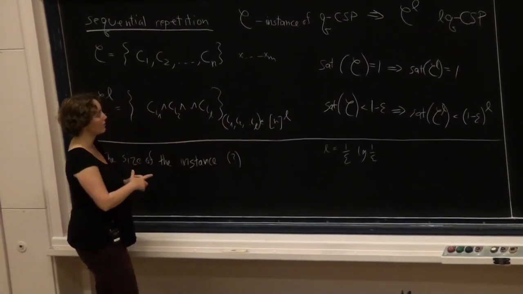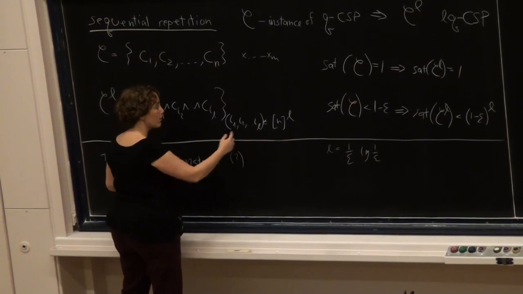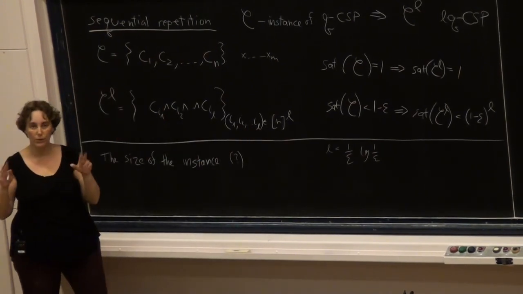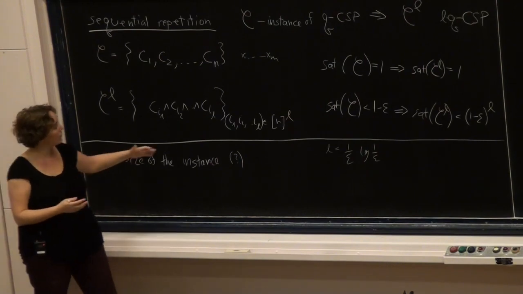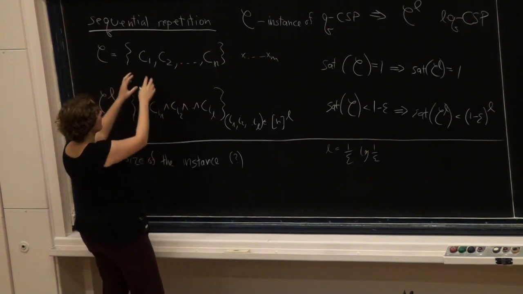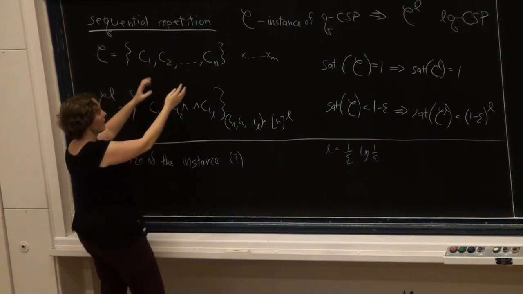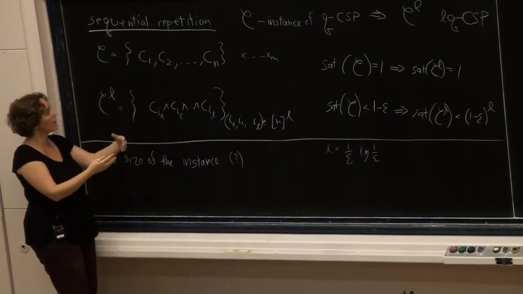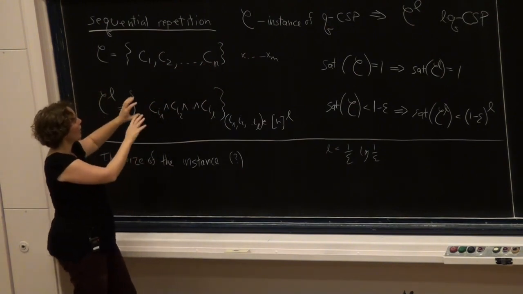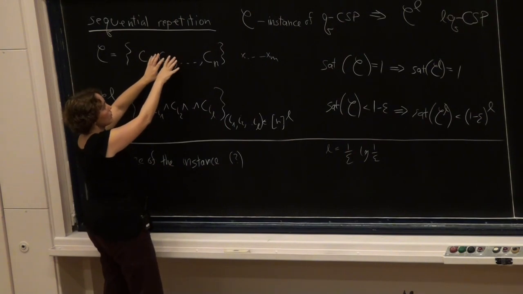The way to do it is, instead of taking all possible L tuples, just take a collection of L tuples that is what's called a good sampler. All you need is to have these L tuples be a good sampler of a set of size epsilon. There are such things known as samplers, and you know that every assignment causes at least epsilon fraction of the clauses to be falsified.